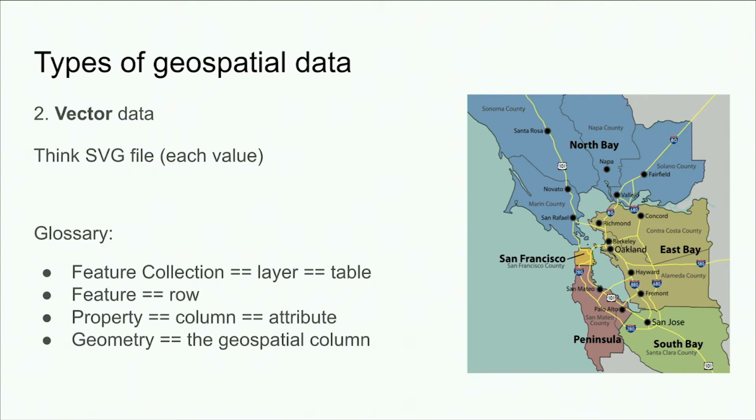A property is just a column. And typically in geospatial data, there is one special column which contains geometry, which describes the boundary of a polygon, the boundary of a region like North Bay, or coordinates of a specific point like Auckland, or a line that describes a road.